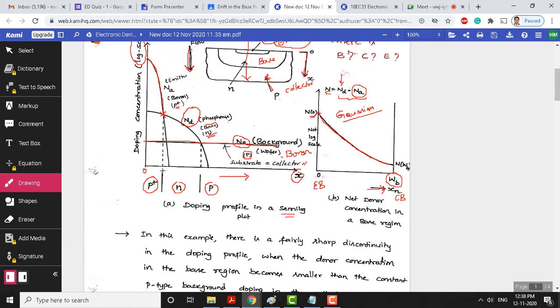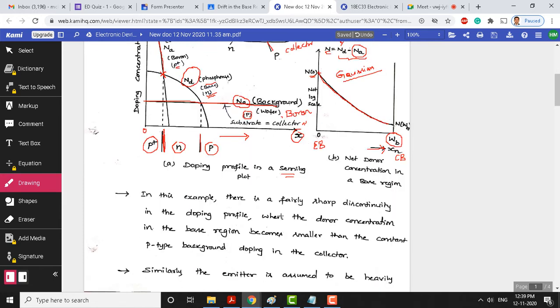This is the region where the P plus region ends, the N region ends and the P region commences. Even beyond the boundary, there is diffusion of the charge carriers, so you can see doping exists even within the boundary of the base region.